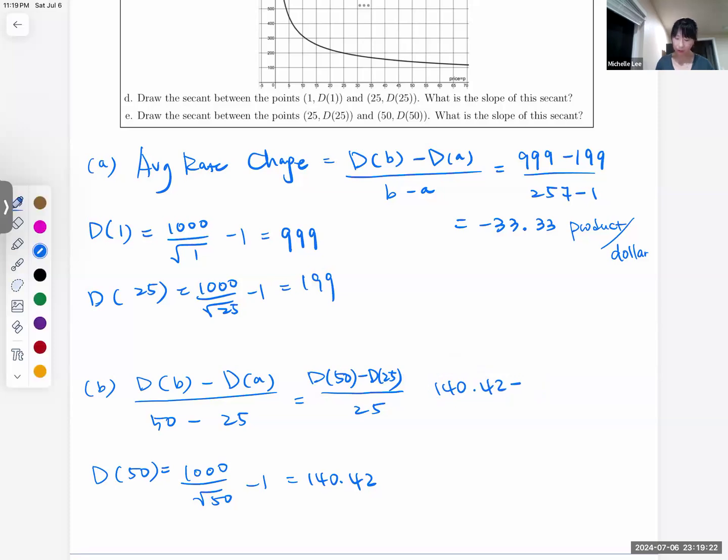Equal to D of 25, we have 199 over 25. Then we get negative 2.34 product per dollar.